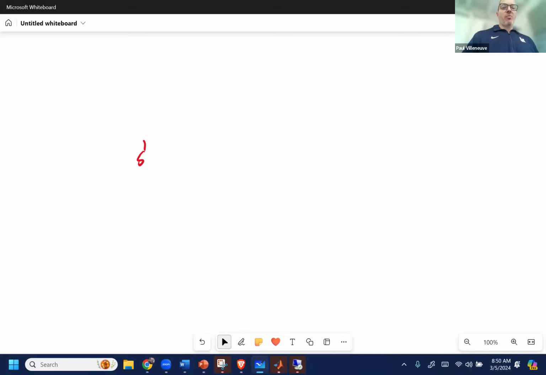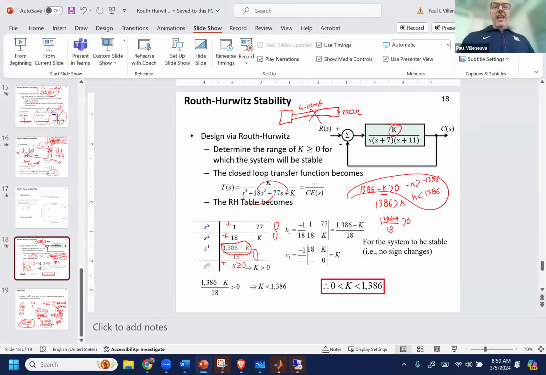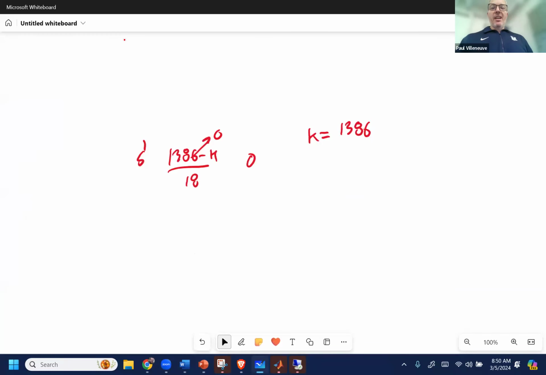If you remember, my s^1 row was (1386 minus k) over 18, and 0. So if k equals 1386, that becomes a 0, right? So if I look over here, 18 s squared plus k is my auxiliary equation.